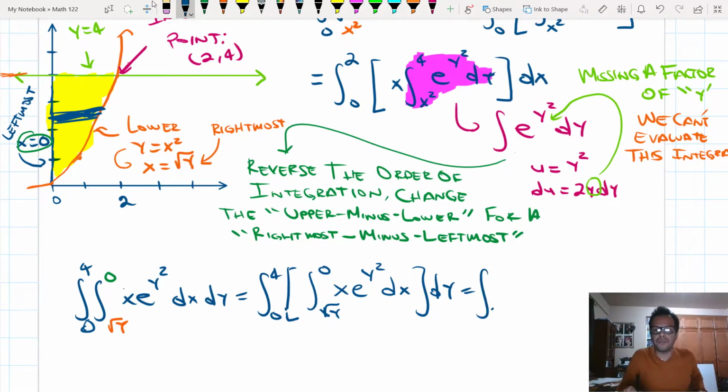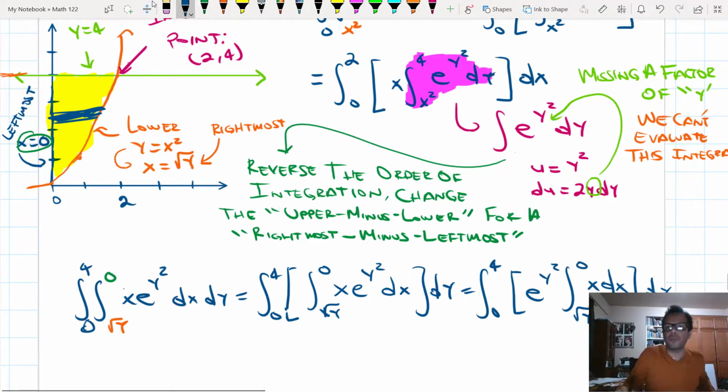So the integral from 0 to 4 of e to the y squared times the integral from square root of y to 0 of x dx times dy. Now let's look at the integral that we were left with here. We are only integrating x with respect to x. The integral of x is x squared.